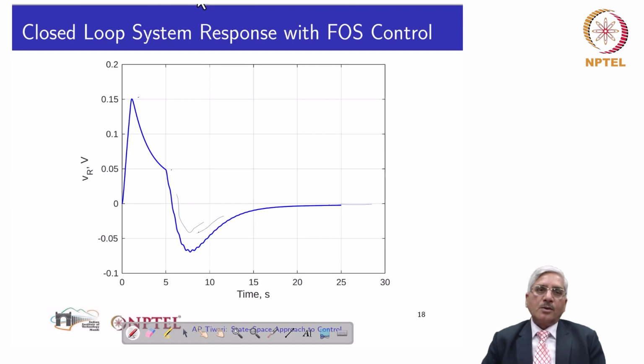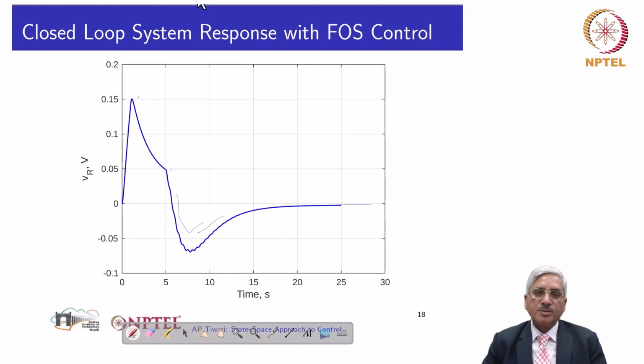The simple output feedback controller is able to stabilize the system. However, its response is not that fast. The fast output sampling controller gives a good response and corrects the system states without much deviation in their values.